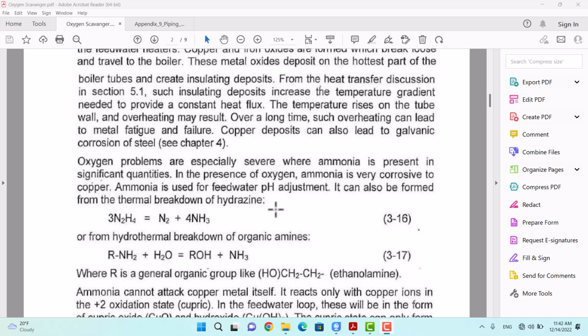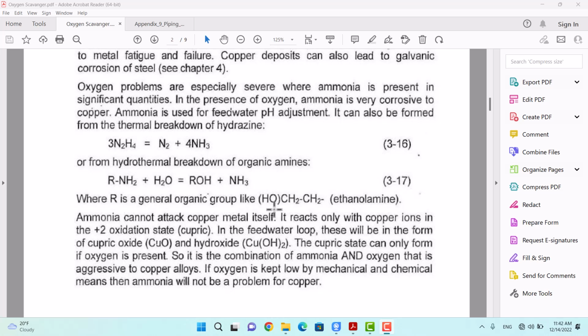In any case, when we have ammonia and oxygen together, they form cupric oxide or hydroxide alongside the presence of copper in the systems. The cupric oxide can only form if oxygen is present.